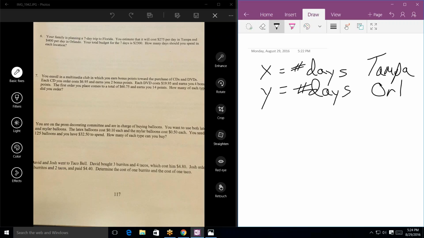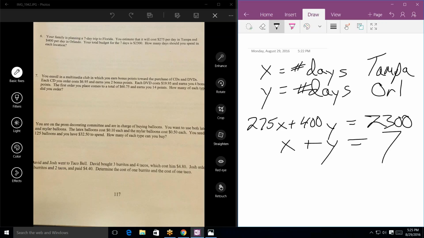So we could do 275x plus 400y is equal to 2300. Yep, that's your budget. What's the second equation? The very first sentence on the page. Then x plus y is equal to 7. Yep. Cool.